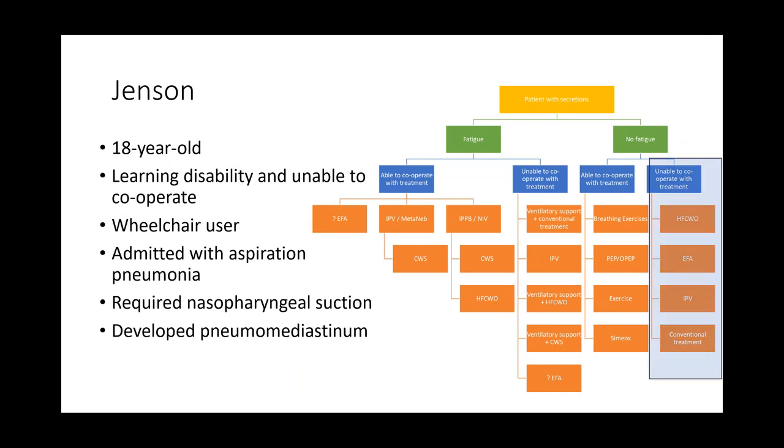So he's unable to cooperate with treatment, and my options are high frequency chest wall oscillation, EFA, IPV, or conventional treatment. However, he's developed a pneumomediastinum and positive pressure is not a treatment of choice. So in this situation, we used EFA with him, and we also tried some conventional treatment.